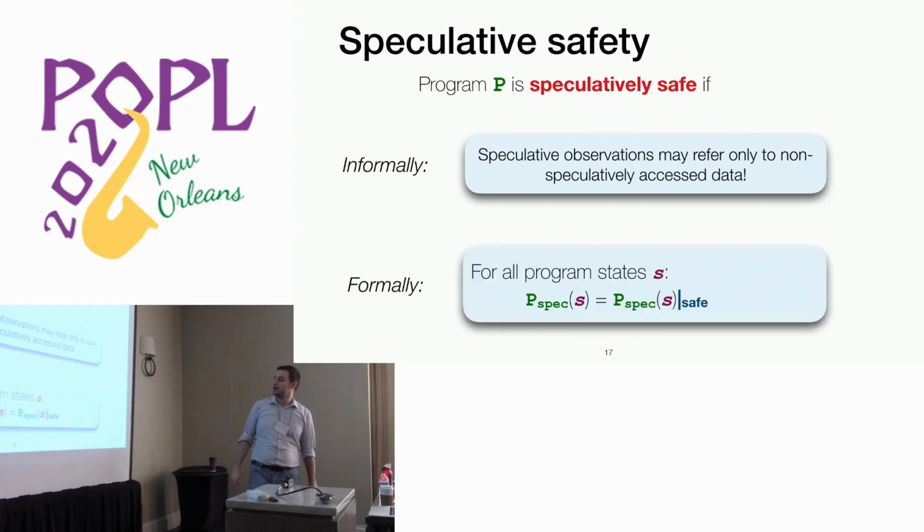And how do we do it? Again, we do some tricks and relax a bit our notion of projection, and again you have a property of the same shape. You just require that the trace under the speculative semantics is the same as the safe projection under the speculative semantics. This last bit simply drops unsafe observations, those that would depend on speculatively accessed data.